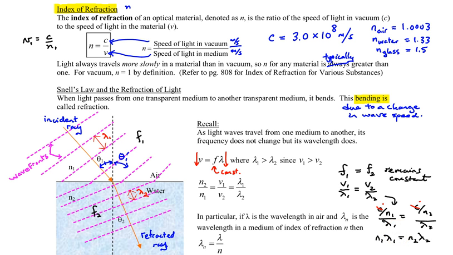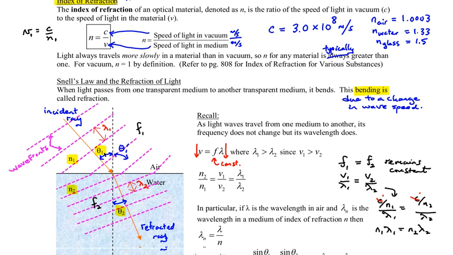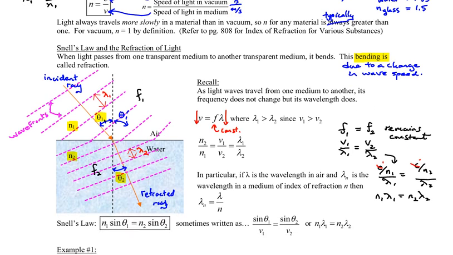Later on, we'll be using this with thin film interference. The law that relates the angle of incidence theta 1 to the angle of refraction theta 2 and the index of refraction n1 and the index of refraction n2 was formalized by the Dutch scientist known as Snell.